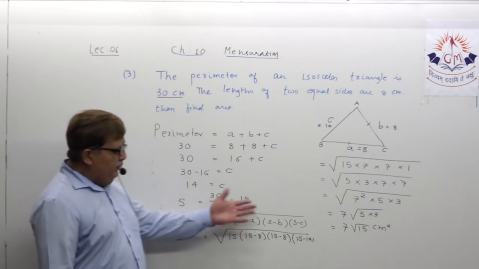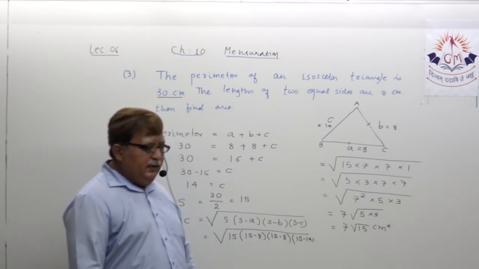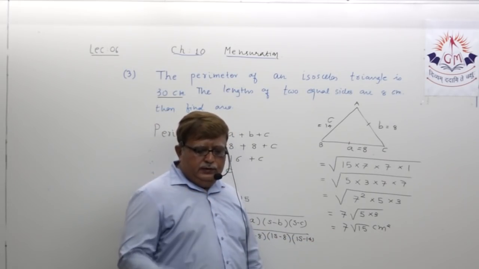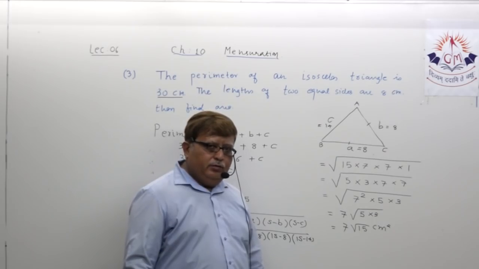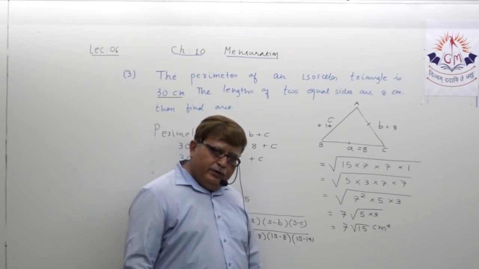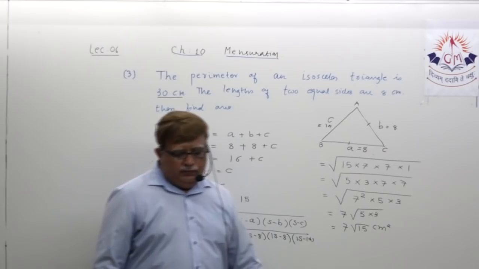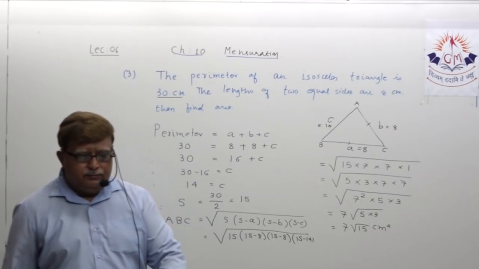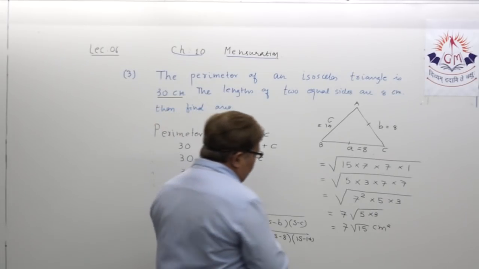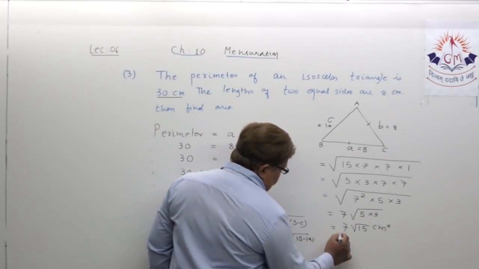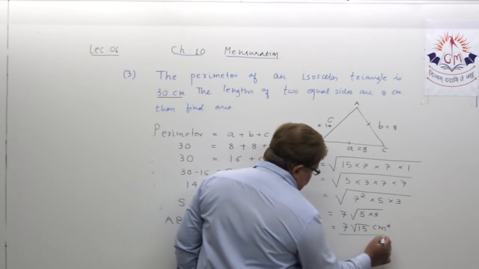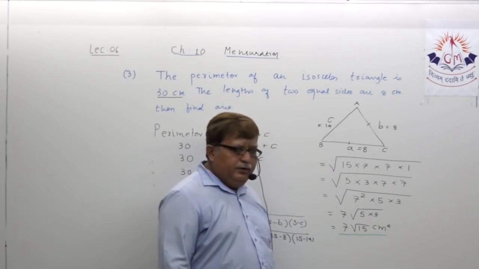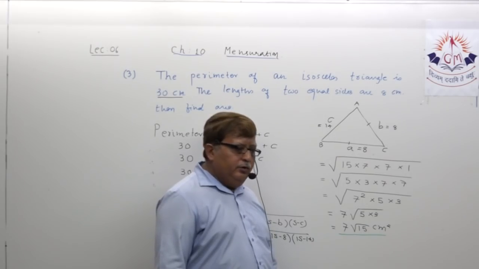Find the semi-perimeter and apply the formula. I took intentionally this particular example to make your mindset clear that it may happen that your final answer may not be in quite integral format only. Understand? Suppose this is the answer we got. That means what? It is not a rational number, it is an irrational number.